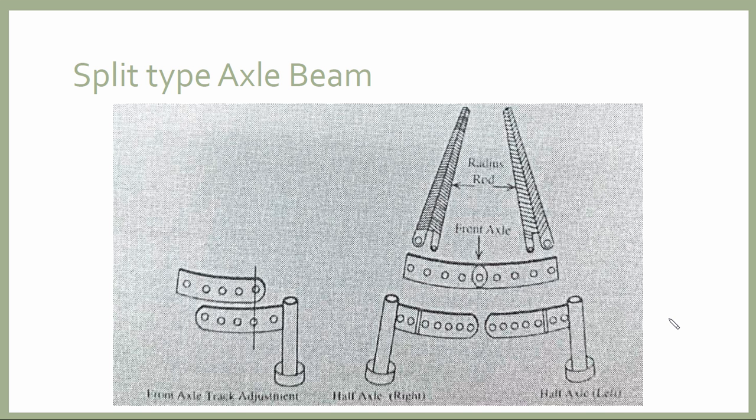This split type of axle is made from two end pieces and one central piece with holes for adjusting. So these are the two end pieces and this is the one central piece. They are made in this way with the help of some holes present on this axle.